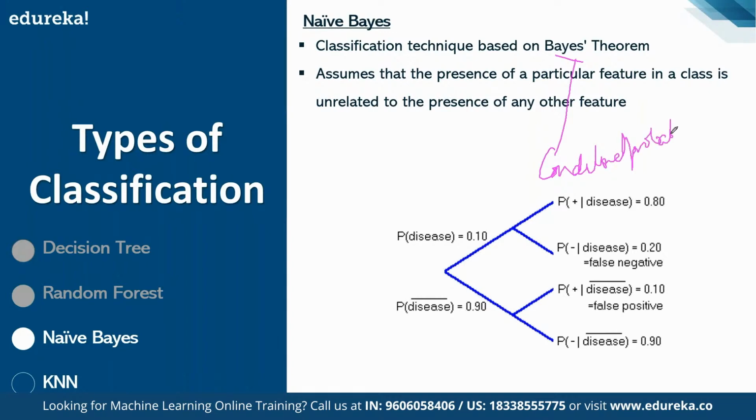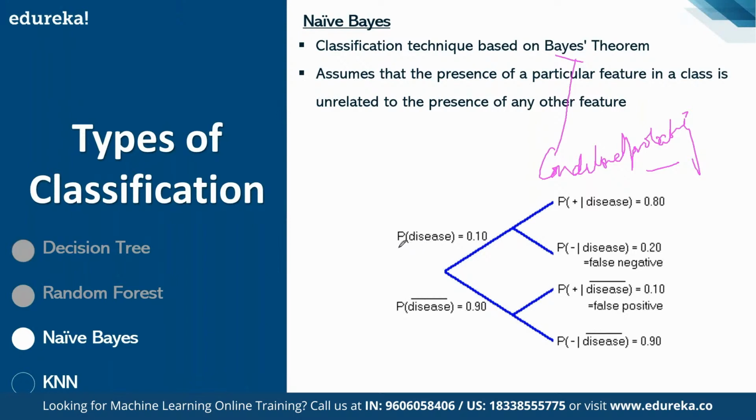Now in naive Bayes, we decide whether something will happen or not on the basis of probability. Let me illustrate with this example. Imagine that you want to find out whether I have a disease or not.